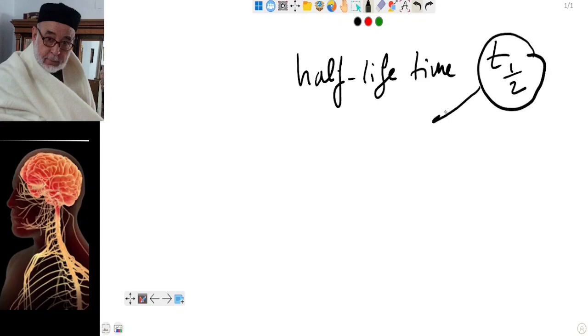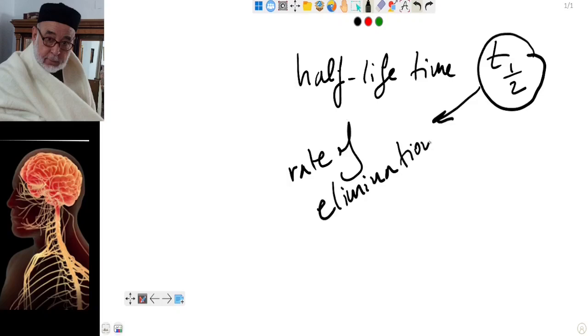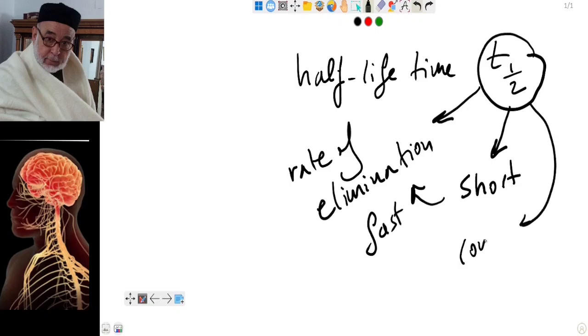We said that T-half is an indication of the rate of elimination, where the shorter the T-half means fast elimination, and vice versa. A long T-half means slow elimination of the drug from the body.